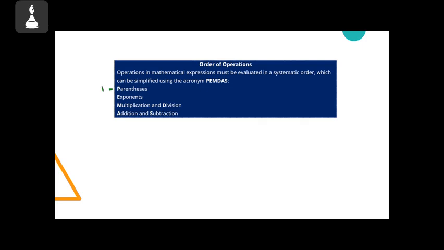First is always parentheses. Always. If there are any parentheses and there are operations you can do inside those parentheses, you must do that first. Next is exponents. Third is multiplication and division in the order they occur from left to right.